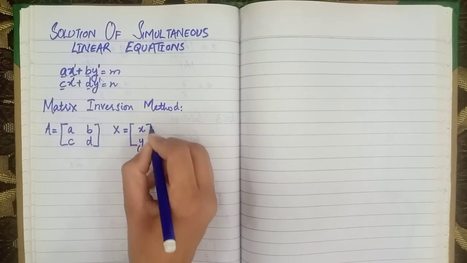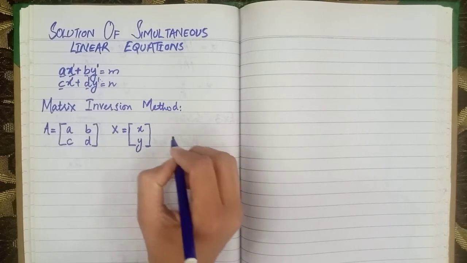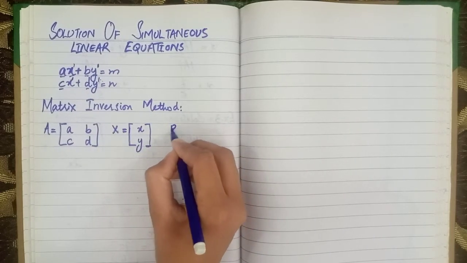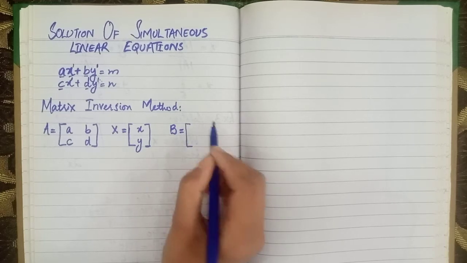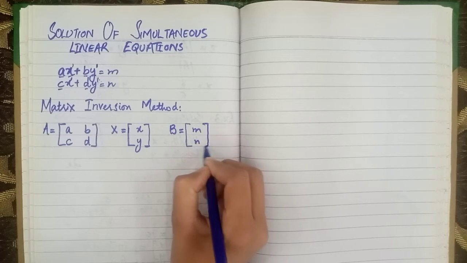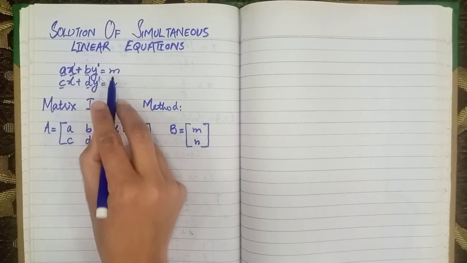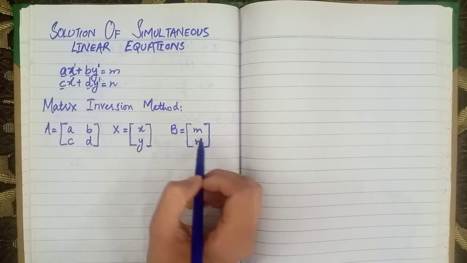There are only two variables in this pair of equations. Then there would be the matrix B, m, n. It consists of the entries m and n, which are at the right side of the equality.